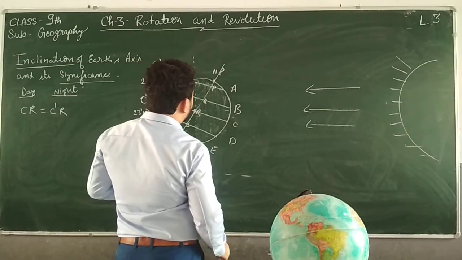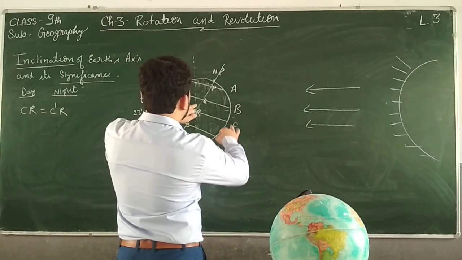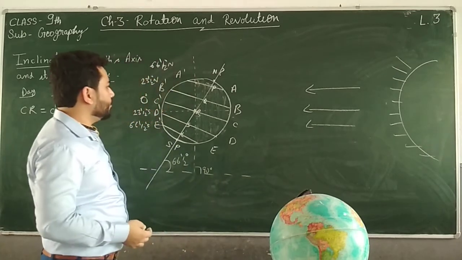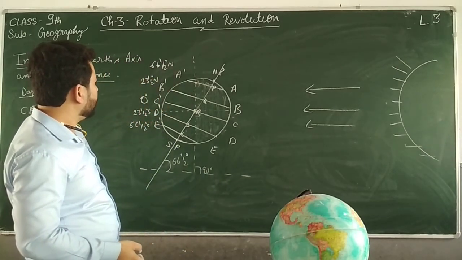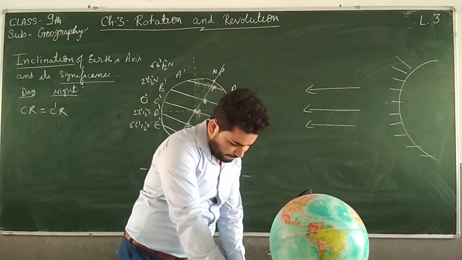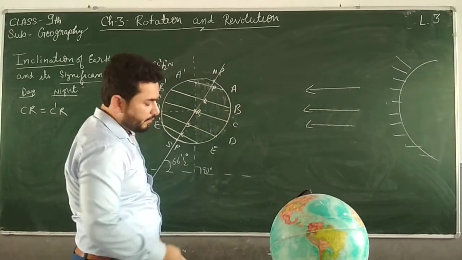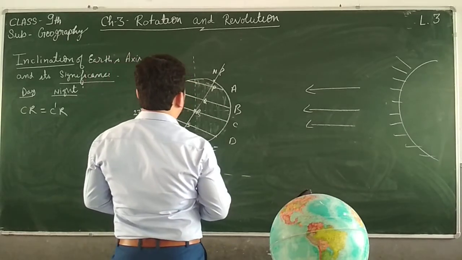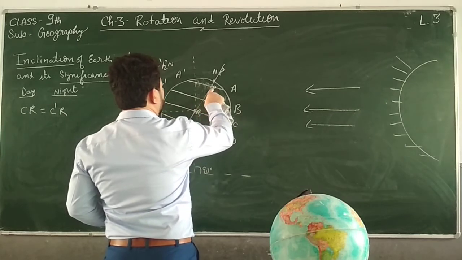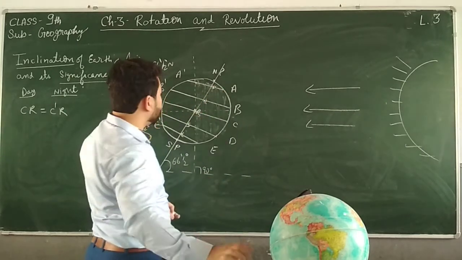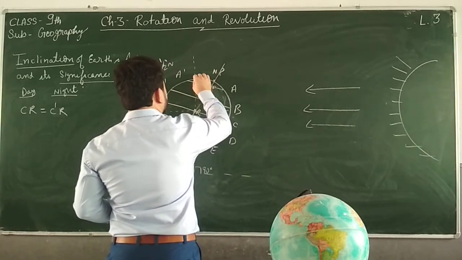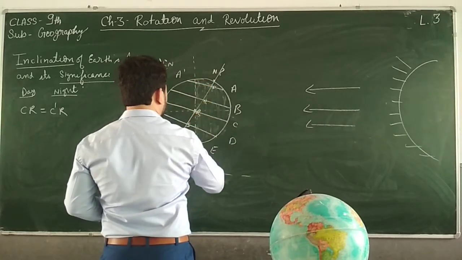Then here we have BQ. Sorry, we have to take P and Q, where the sun rays are falling, up to here.